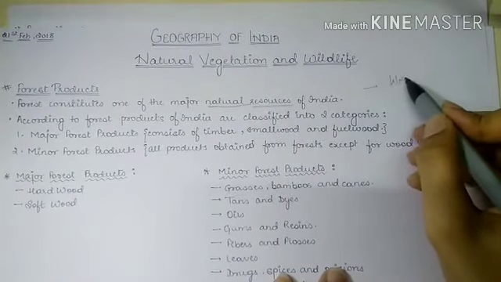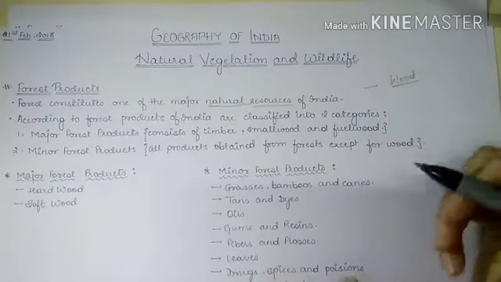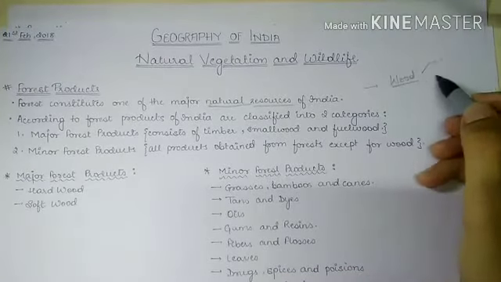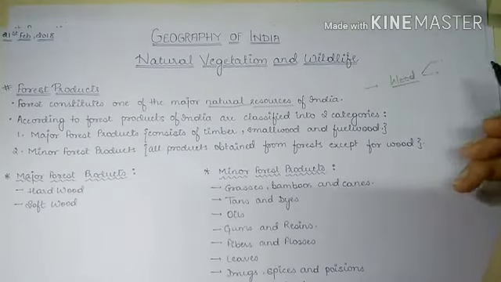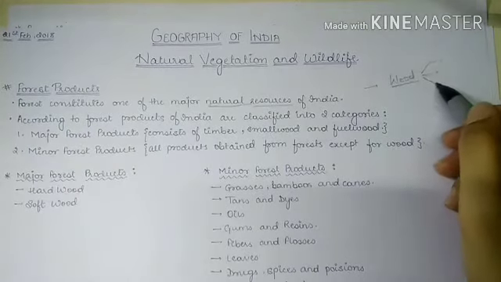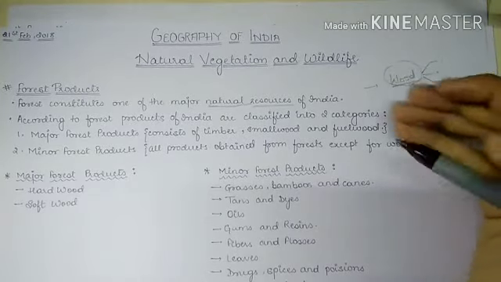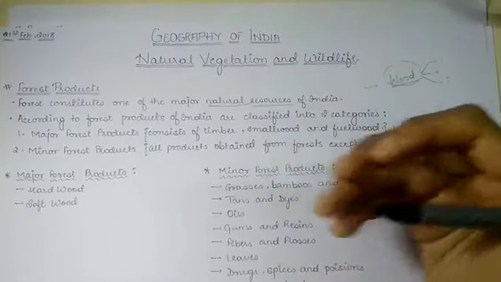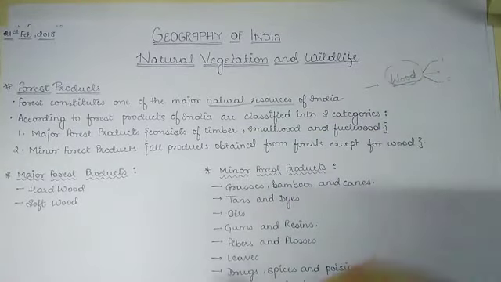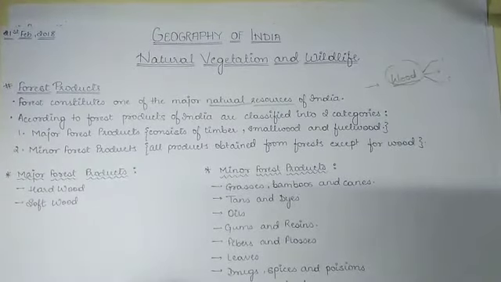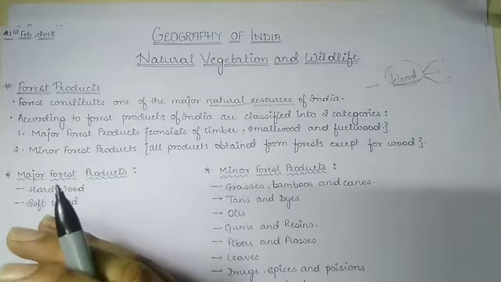Wood is basically used for our industrial purposes, as a raw material, and as fuel. So wood is a very important product of forest. Then other things like we have grasses, bamboos, canes, oils, etc. Many things which we get from forest.